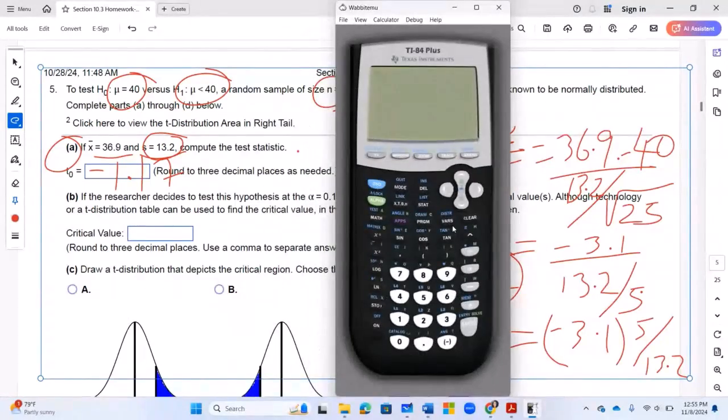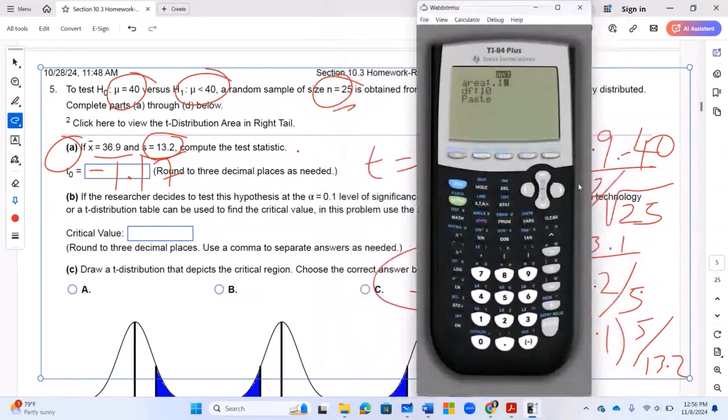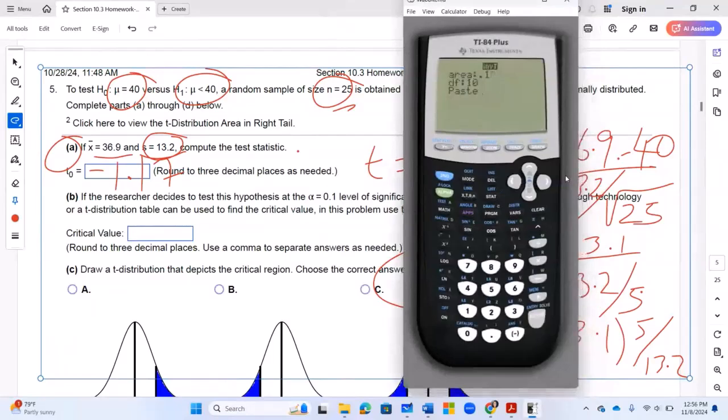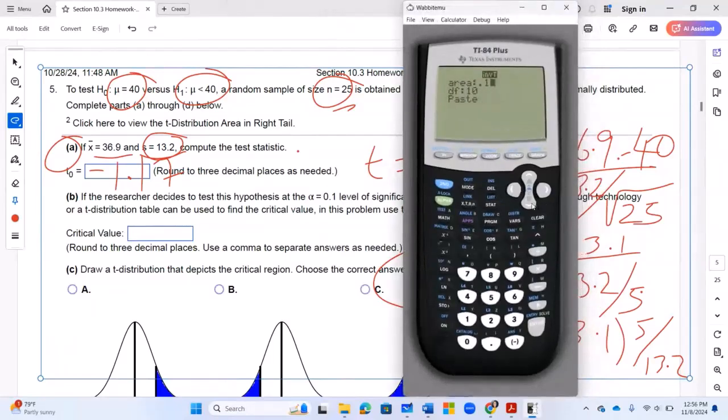So I'm going to get the critical value. Second distribution, inverse t is number 4. It is 0.1 because it's 1%. Let me make sure. That is 10%, which is 0.1. The degree of freedom is 24 since the sample size is 25.